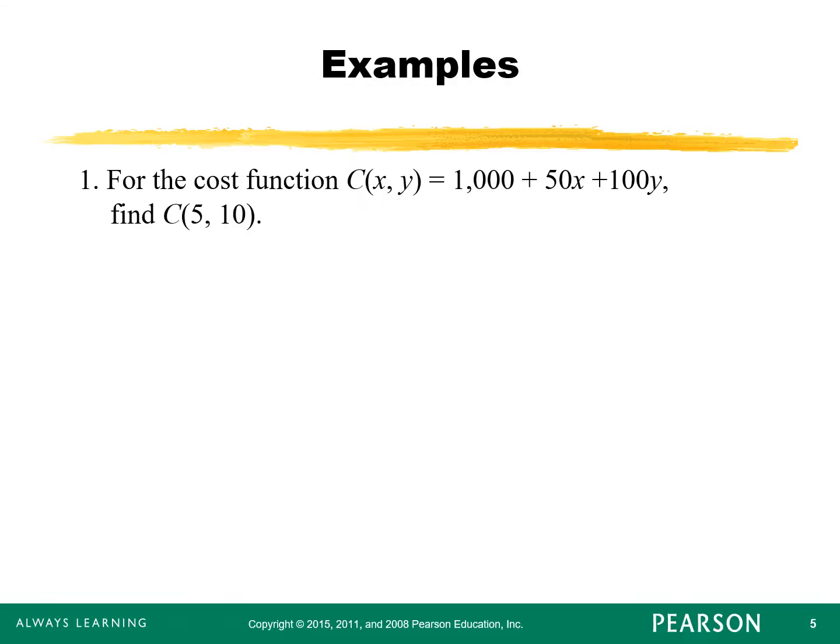So let's solve a problem. The cost function is C(x, y) equal to 100 plus 60x plus 100y. We are going to find C(5, 10). It is pretty simple because we are going to put 5 when we see x and put 10 when we see y.